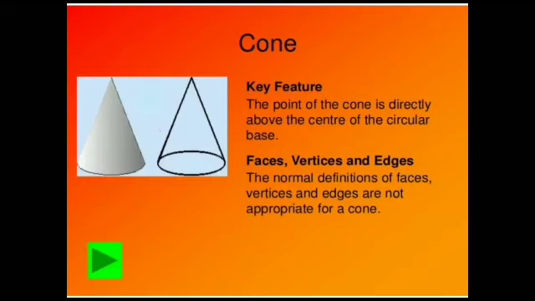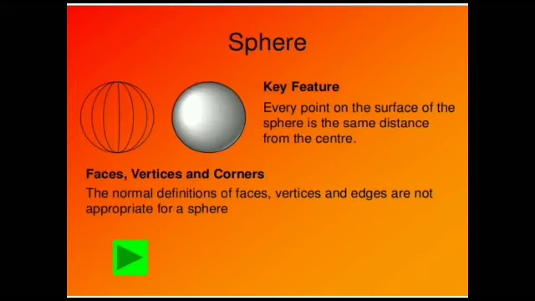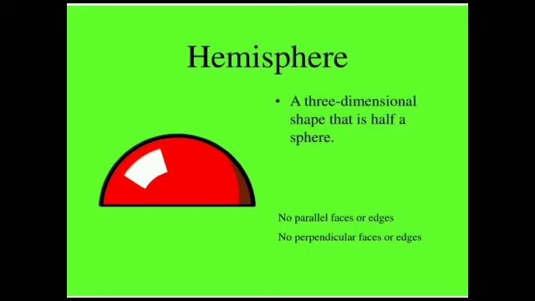Now we are going to see about the properties of 3D shapes. First one is cone. The point of the cone is directly above the center of the circular base. So a cone does not have any vertices and edges on the curved surface. Second one is sphere. Every point on the surface of the sphere is the same distance from the center. Hemisphere. A 3-dimensional shape that is half a sphere.